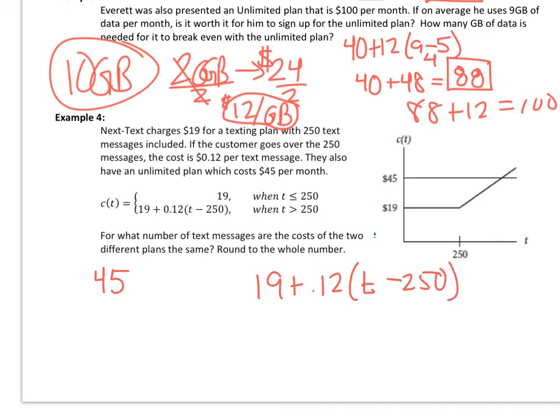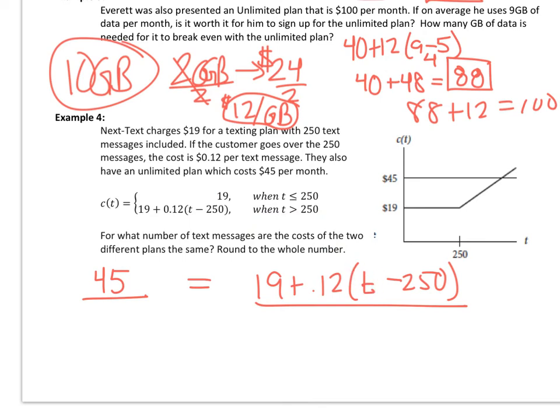All I need to know is when does this equal this. So all I have to do is set them equal to each other. If I want to know when the unlimited plan equals the regular plan, I just set the unlimited plan equal to the regular plan, and then just solve for t.